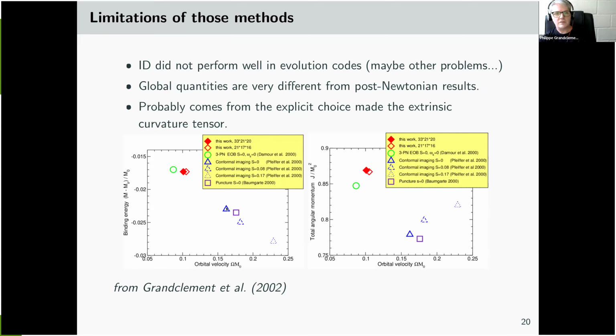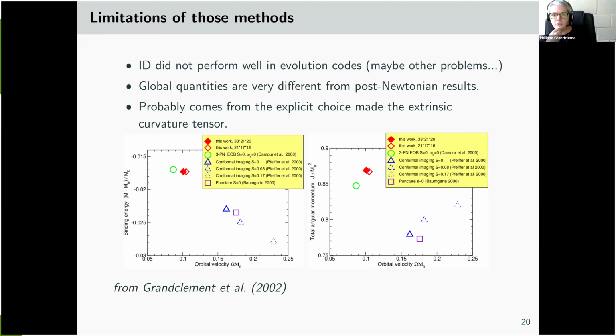But if you compare that to post-Newtonian results, for instance, which are the circle here, you see that you have almost a factor of 2, essentially in terms of the orbital velocity. So to be a bit clearer, if you take those initial data and you compare to the post-Newtonian results, you had at that time a very strong discrepancy.